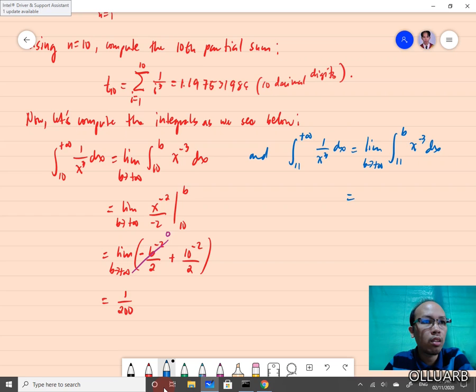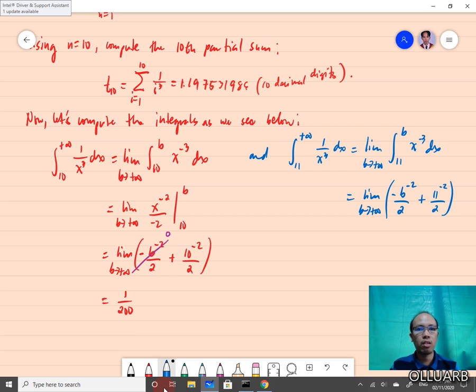This is the limit of negative b to the negative 2 over 2 plus 11 to the negative 2 over 2 as b approaches positive infinity.